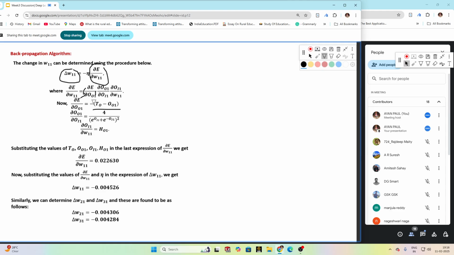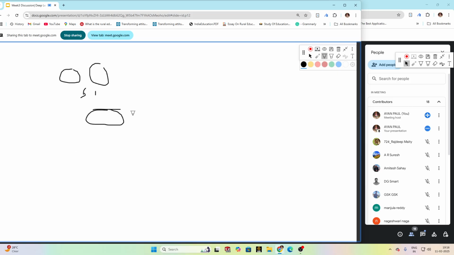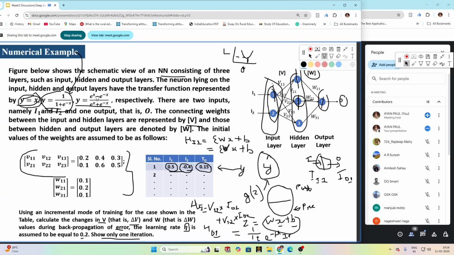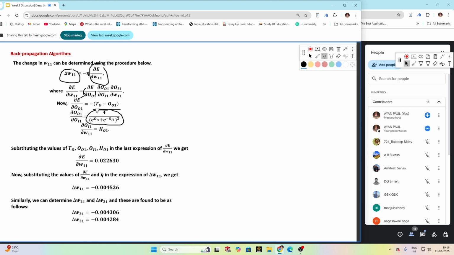Similarly, you differentiate del O01 by del OI1, and because we have the tanh function here, e to the power x minus e to the power minus x divided by e to the power x plus e to the power minus x, when you differentiate you will get this. And lastly, del OI1 by del W11 will be equal to HO1, because HO1 into W11 is your OI1. So this is a simple thing.